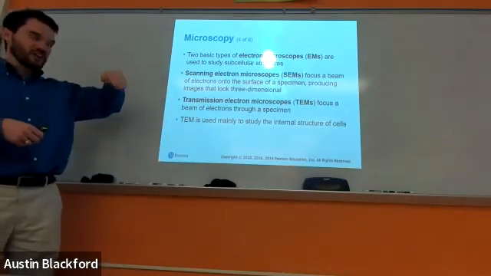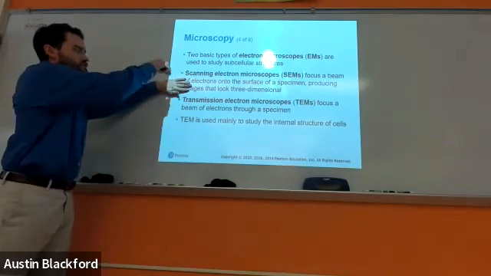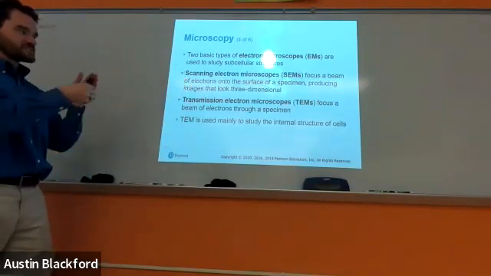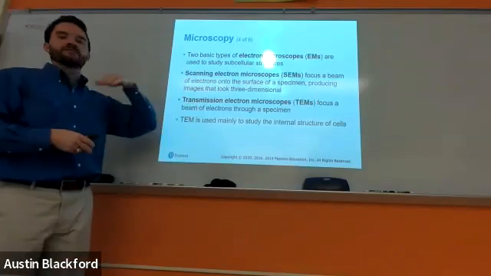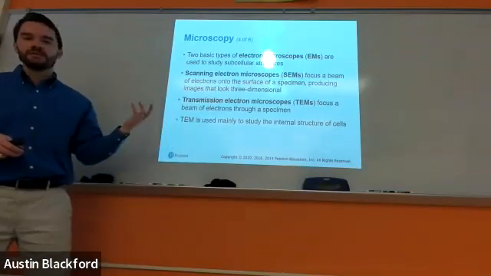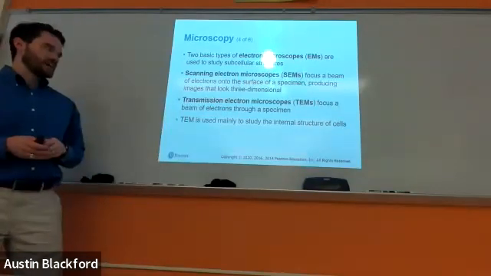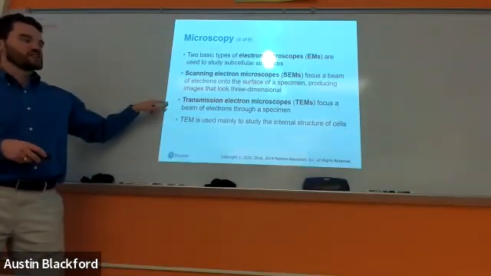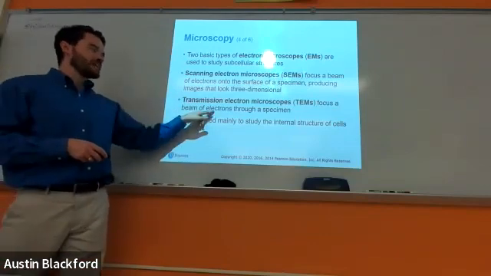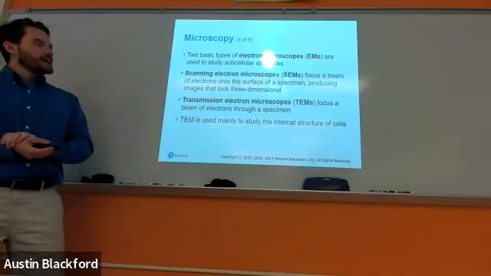You shine a beam of electrons at your sample, and those electrons bounce back from your specimen. Based on the angles that they bounce off the specimen, a computer can construct a 3D image of whatever you're looking at. Whereas a transmission electron microscope is similar to a traditional light microscope, except instead of a beam of light, it's a beam of electrons.